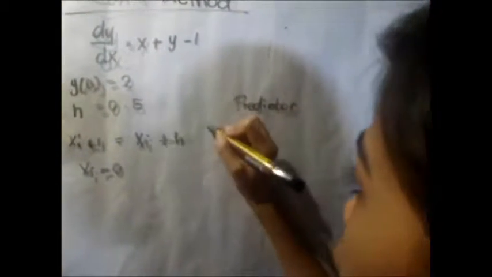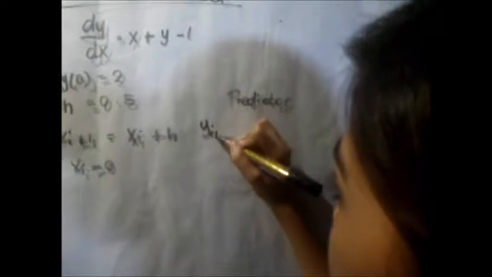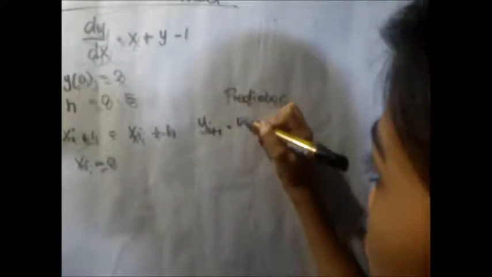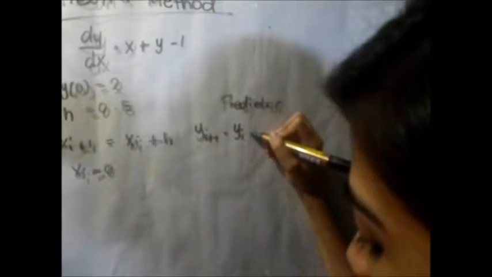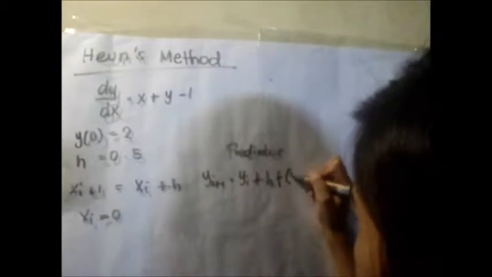So we have the predictor side. The formula for this one is y sub i plus 1 equals y sub i plus h times f of x sub i, comma, y sub i.